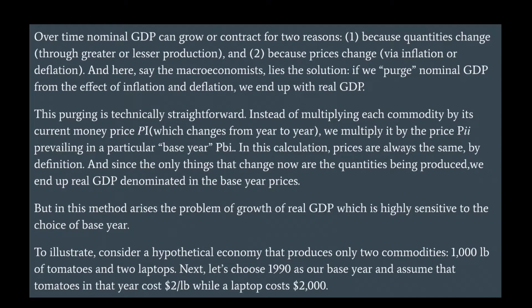Over time, nominal GDP can grow or contract for two reasons. First, because quantities change through greater or lesser production. Second, because prices change via inflation or deflation. And here, say the macroeconomists, lies the solution. If we purge nominal GDP of the effect of inflation and deflation, we end up with real GDP. This purging is technically straightforward.